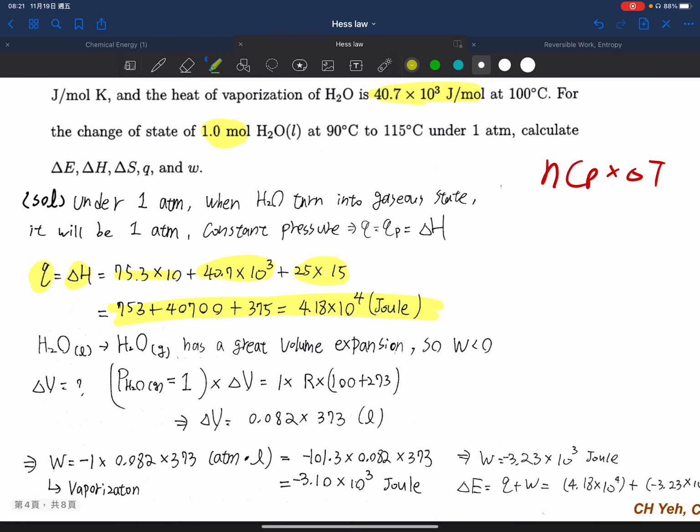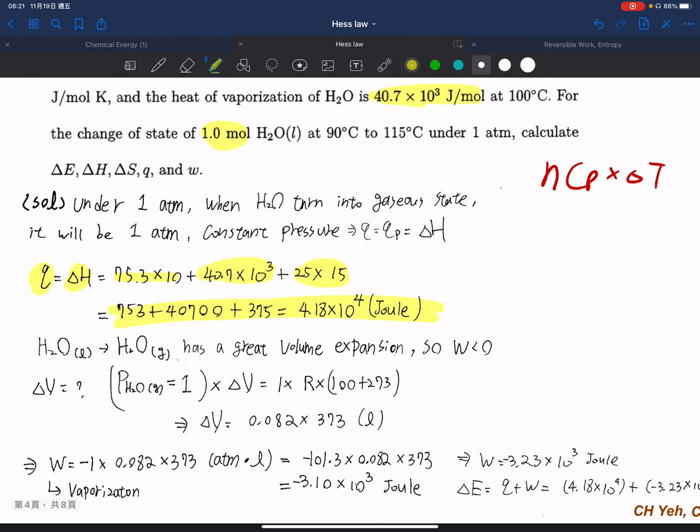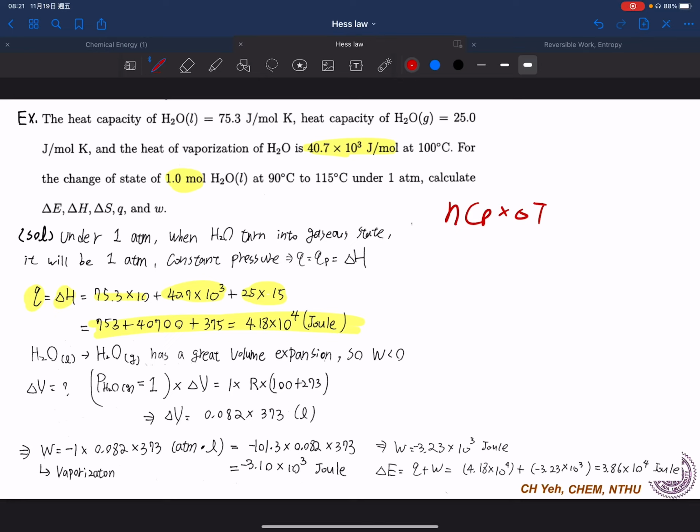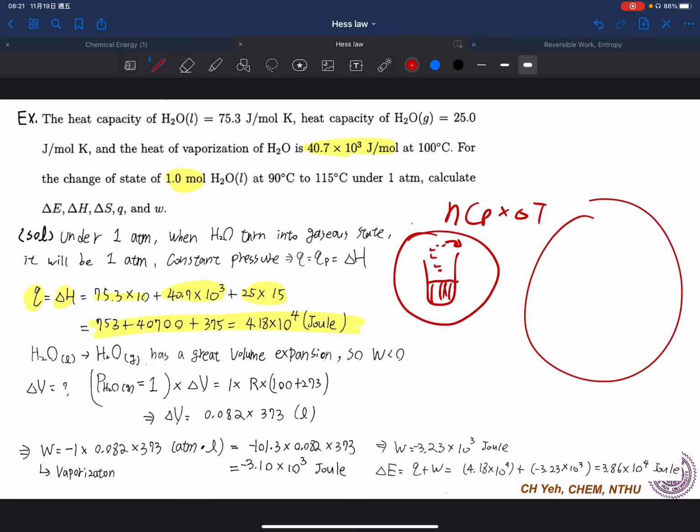Now let's take a look at the work part. Basically, if this is a system and this is water over here, when you vaporize, you turn into gas molecules, so you will make this system expand. Why? This is reasonable. Imagine a cup of water; the volume inside of the cup is visible.